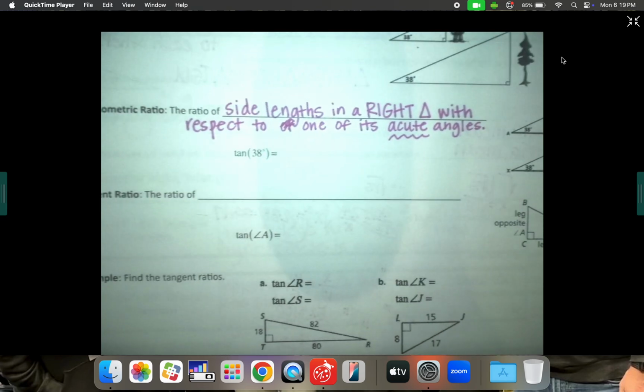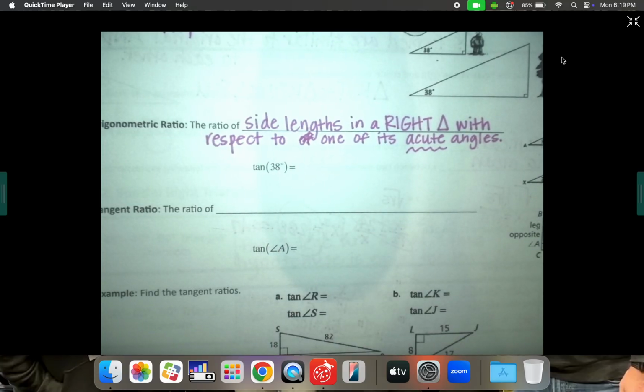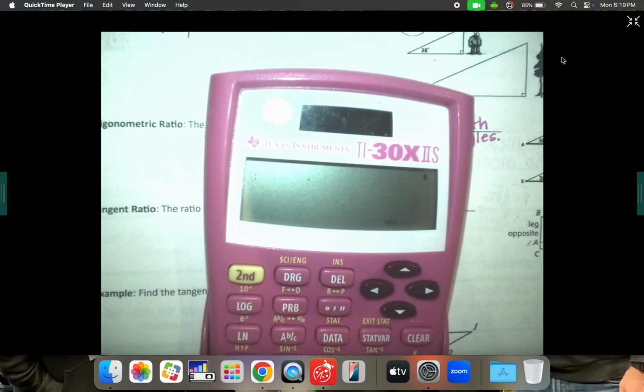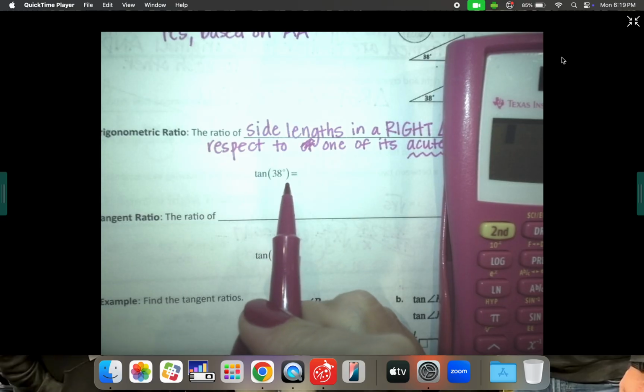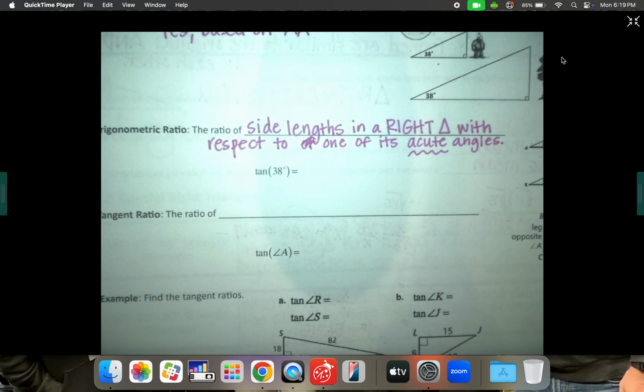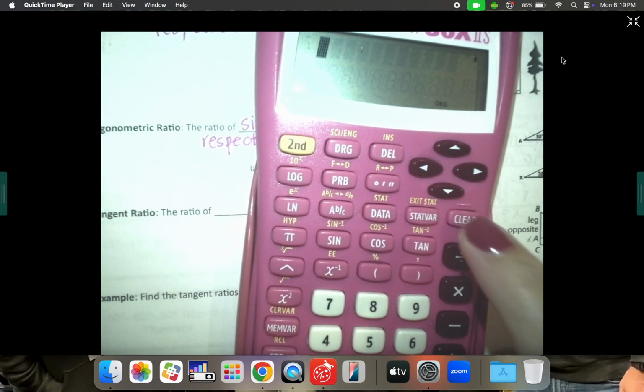So something important to remember. All right. Tangent of a 38-degree angle. Sometimes it might be just that easy. The tangent ratio, the ratio of a 38-degree angle, we're just going to push the tangent button.